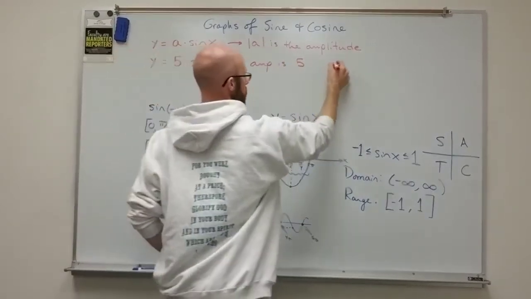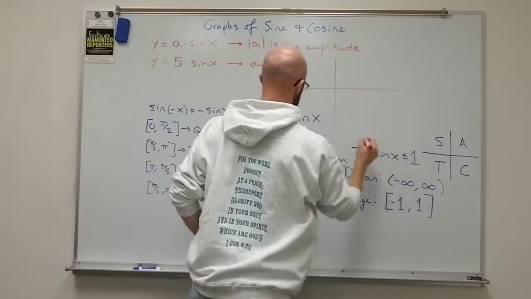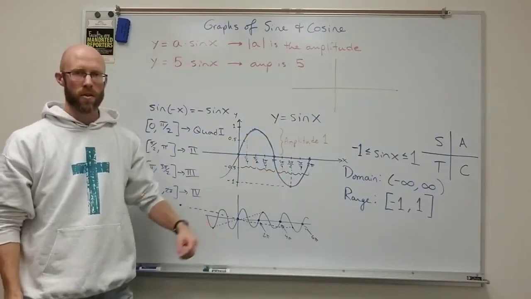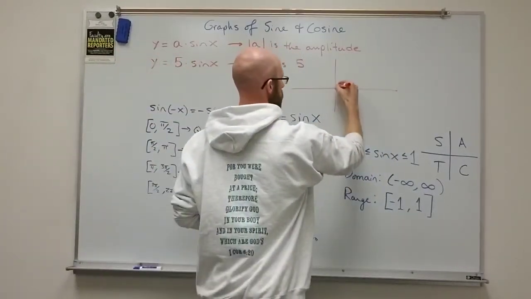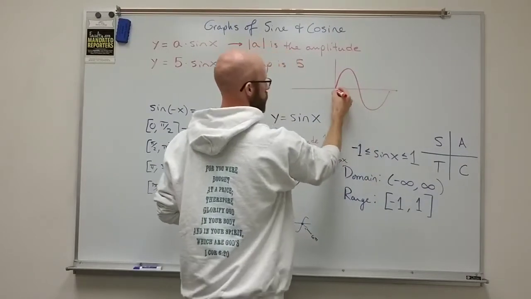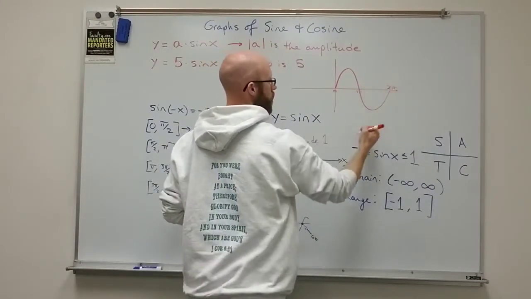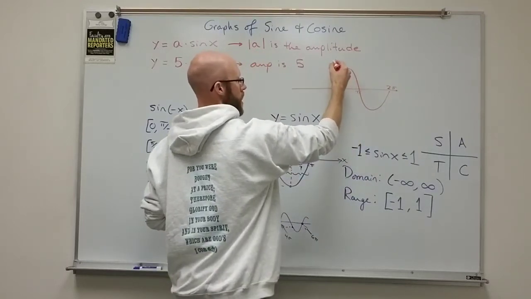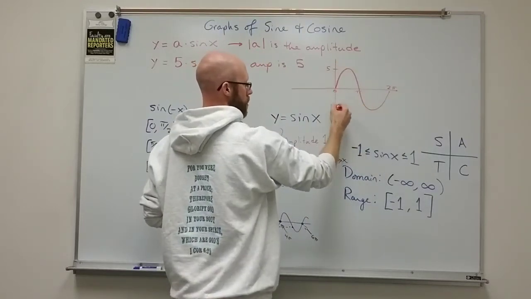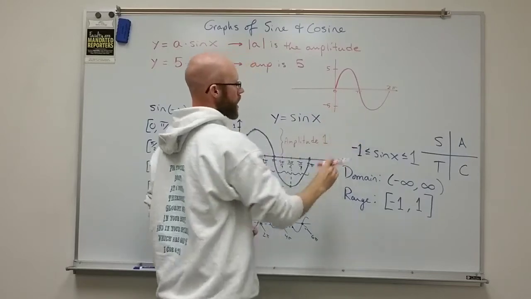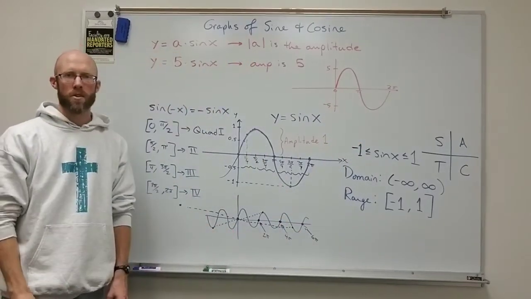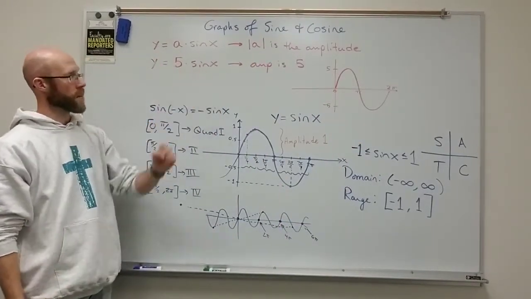And the graph then, you have the same wavelength or same pattern from 0 to pi to 2 pi. The difference is that now the maximum is at 5 and the minimum here would be at -5. Okay, so that's what you get if you had 5 times the sine of x.